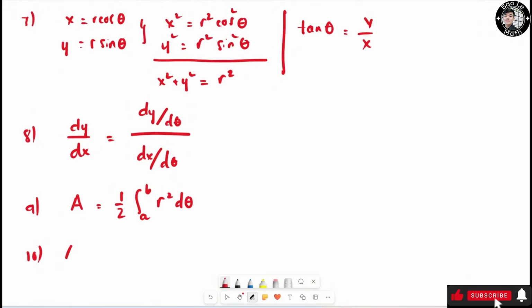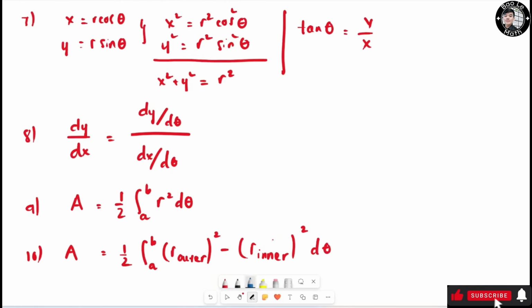It's going to be A equals 1/2 integral from a to b of the outer radius squared subtract the inner radius squared d theta. Now be careful, you're not going to write it this way: 1/2 integral from a to b of outer radius subtract inner radius altogether squared d theta. This one is completely wrong.